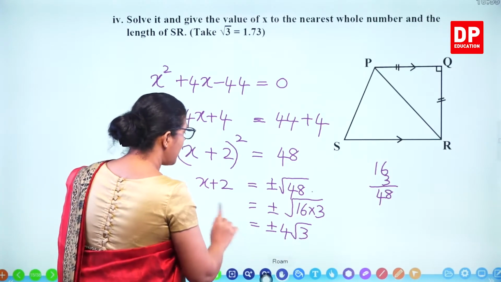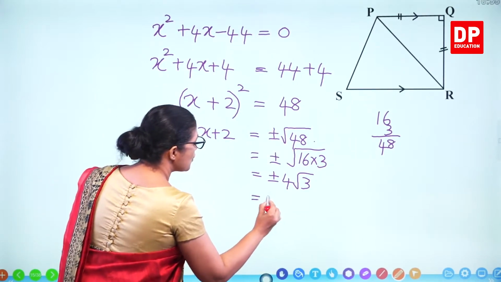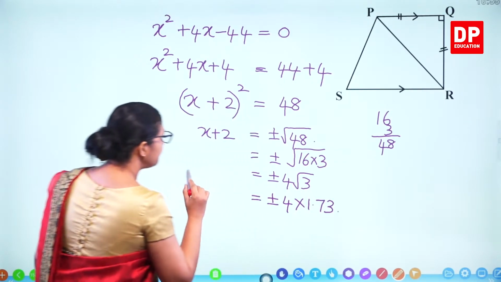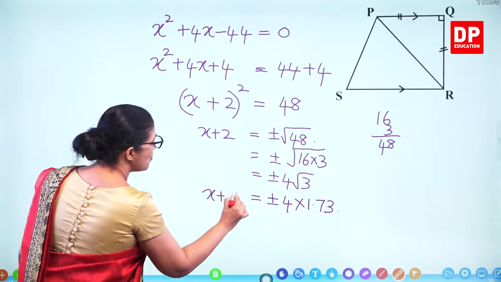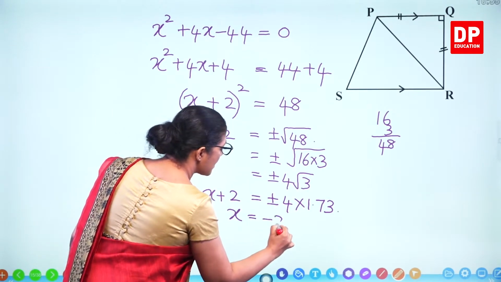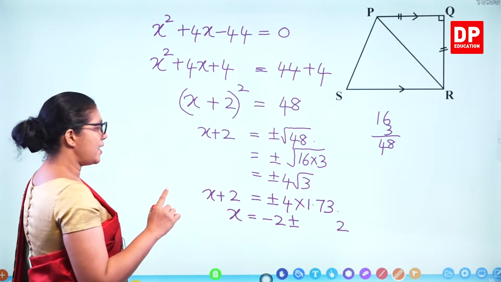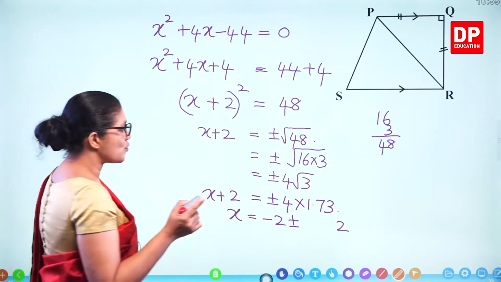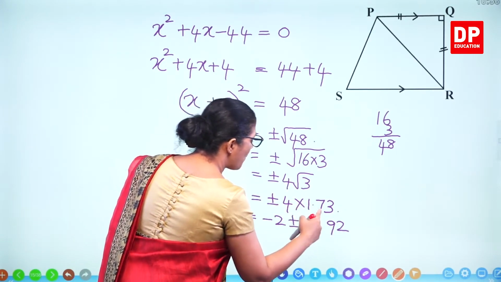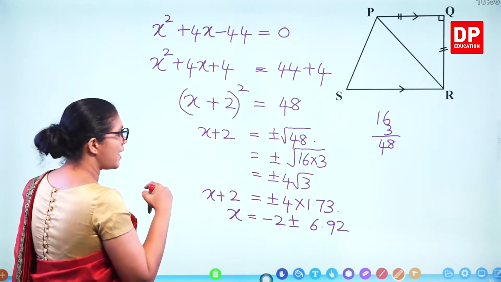So what is root 3? 1.73. We'll substitute 1.73. So x plus 2 is this. So what is x? You take minus 2 to the other side. 4 times 3, 12. 1 remaining. 4 times 7, 28 plus 1, 29. 2 remaining. 4 times 1, 4 plus 2, 6. 6.92.